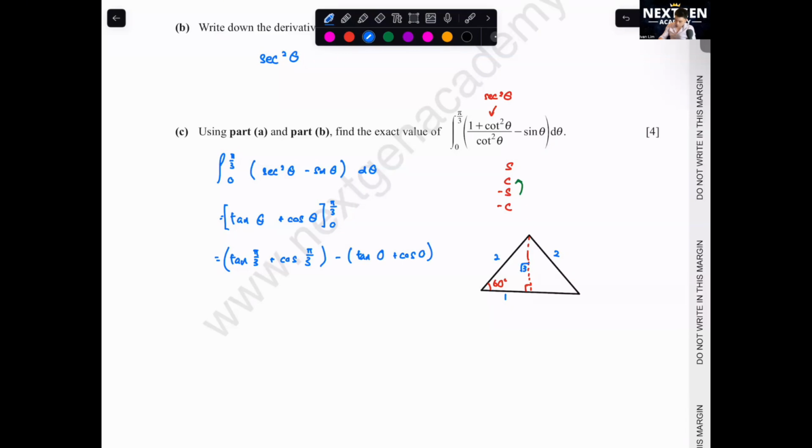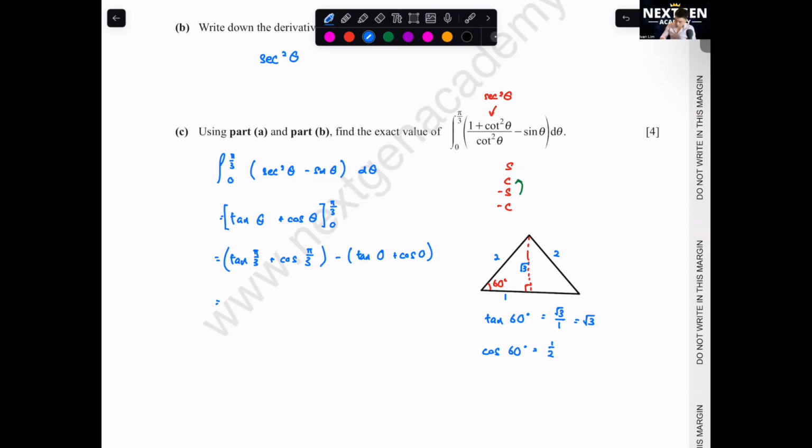What is tangent pi over 3? Tangent 60 degrees, TOA, root 3 over 1, or root 3. Then cos 60 degrees or cos pi over 3, 1 over 2. So learn how to draw this triangle. If they happen to ask you sine, so root 3 over 2.